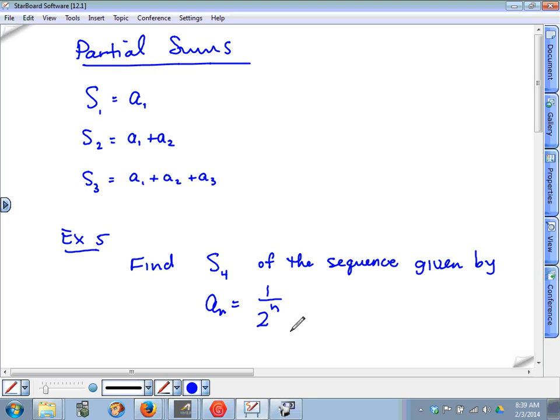Now, if you had to describe that formula, would that be a recursive formula or an explicit formula? Why explicit?